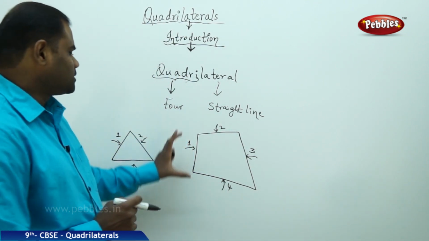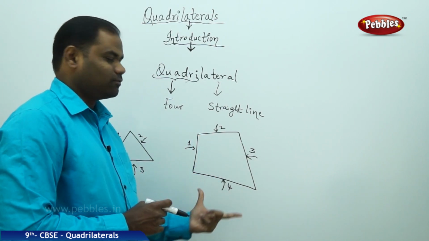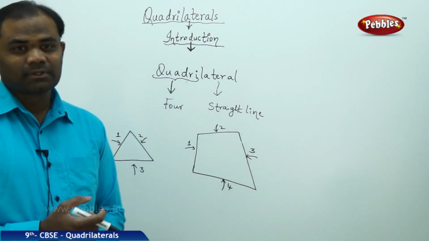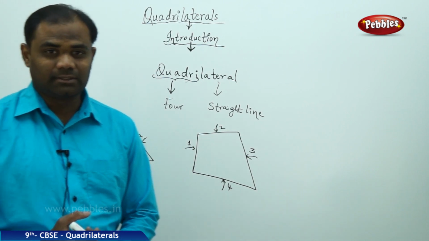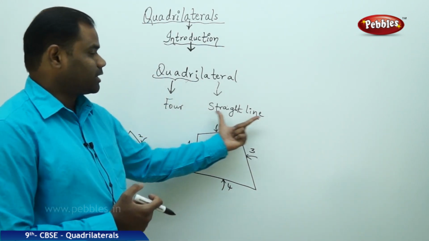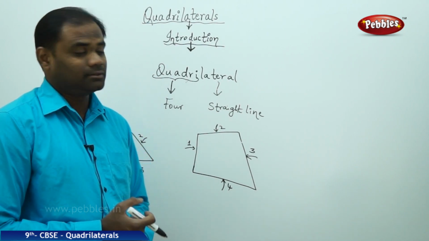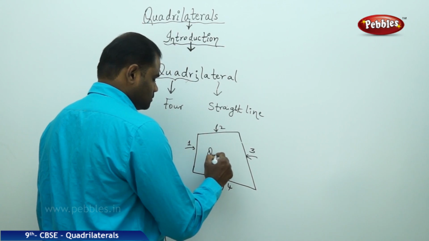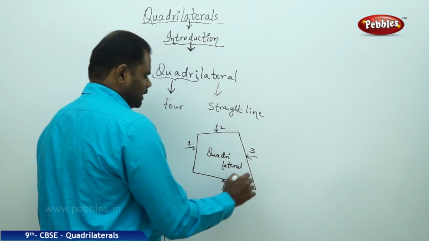Therefore, each of the lines, line 1, line 2, line 3, and line 4, are joined together to form a closed figure. Such a figure obtained is called a quadrilateral. A figure formed by four straight lines is called a quadrilateral.